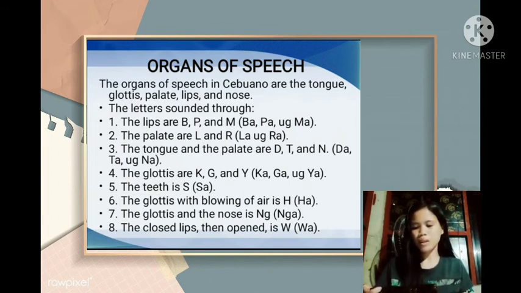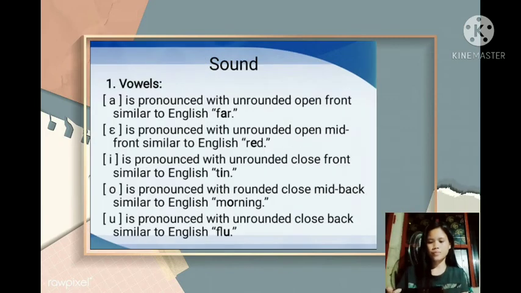The glottis, which belongs with R, is H with Ha. The glottis and the nose is NG, Nga. The closed lips then open is Wa. Sounds. The vowel A is pronounced with unrounded open front, similar to English far.